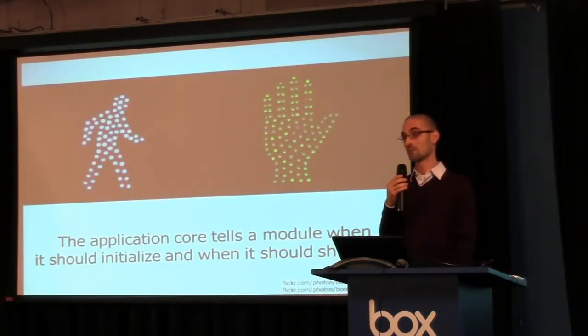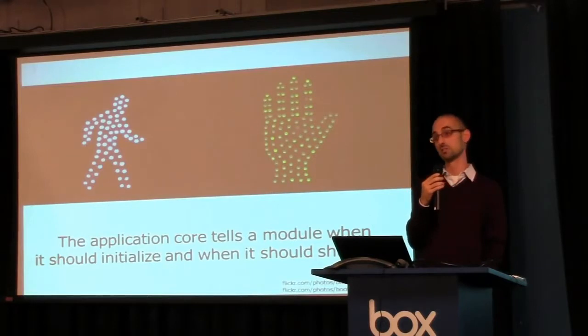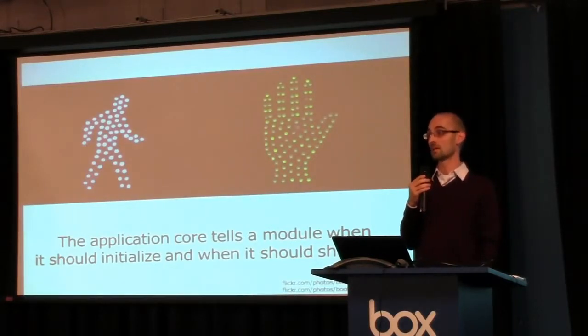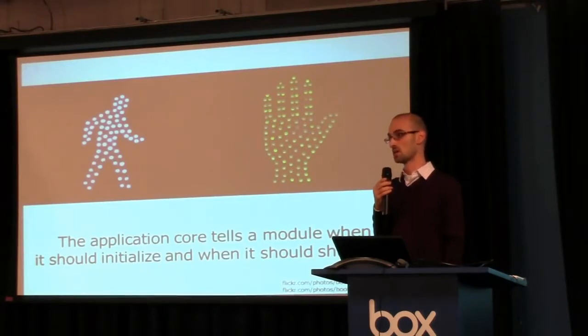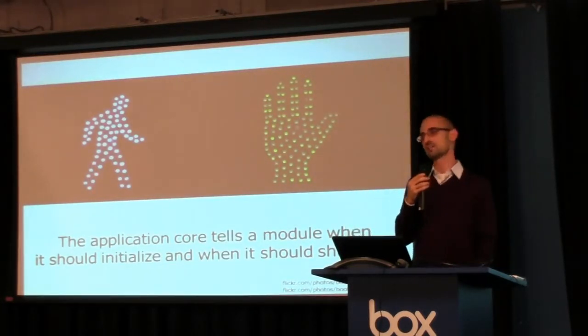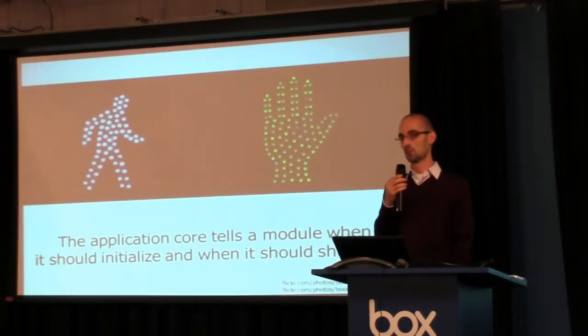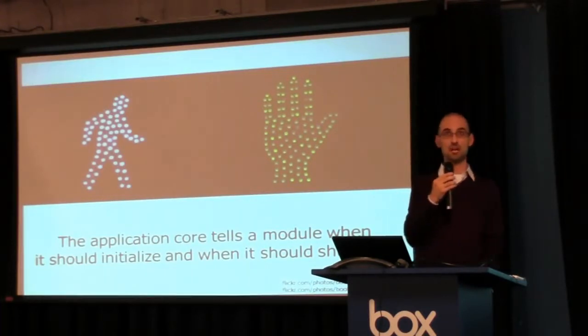So the application core is really helpful in just telling modules, this is when you're going to start, and this is when you're going to stop. And that becomes more interesting when you think about dynamically loading things on the page. So for things that are on the page at the start, you say, OK, start everything at document ready. But what if you load something after the fact? Well, OK, so that thing can't be done on document ready.